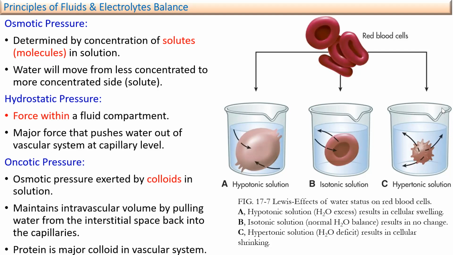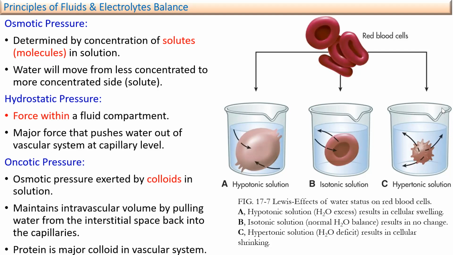The oncotic pressure, or colloidal pressure, is the osmotic pressure exerted by colloids, proteins, or albumin in solution. It maintains the intravascular volume by pulling water from the interstitial space back into the capillaries and blood vessels.